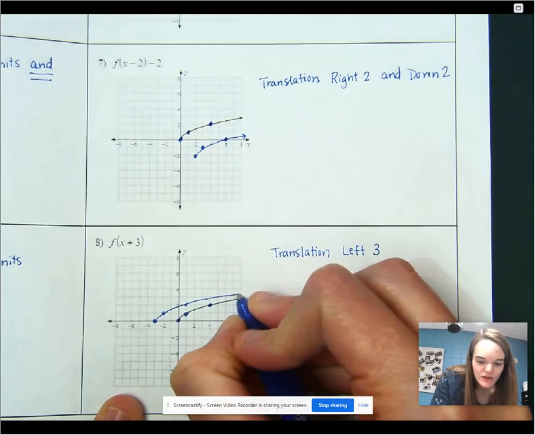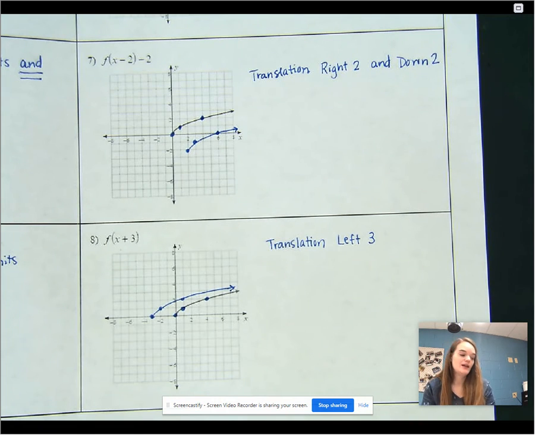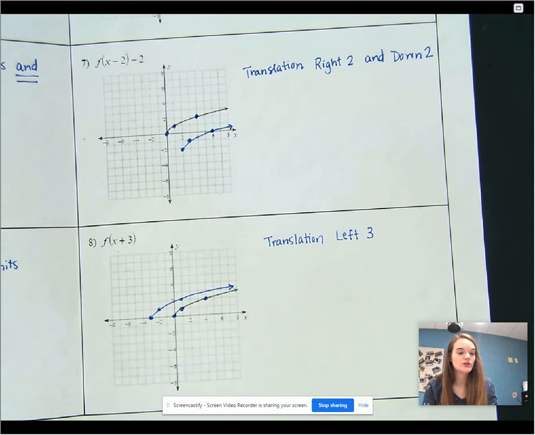So today's assignment is going to be to describe and graph the transformations. You have translations, vertical shrink and stretch, and reflections. And did we have a reflection? We did not have a reflection on this, and I just now noticed that.